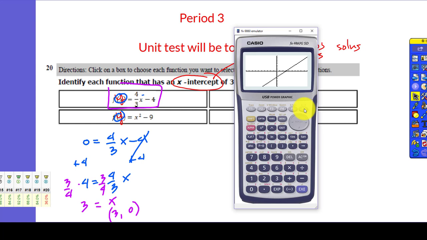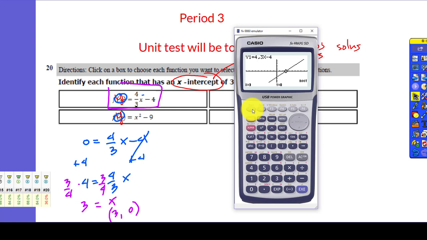Just solve for the solution or the x-intercept. Do you remember how to find the x-intercept? We use which one? The g-solve. Okay, so shift first, then g-solve, and you will see a root. Okay, so when you press F1, it will give you your root. In this case, it's 3, 0. So you know that this one will give you an x-intercept of 3.